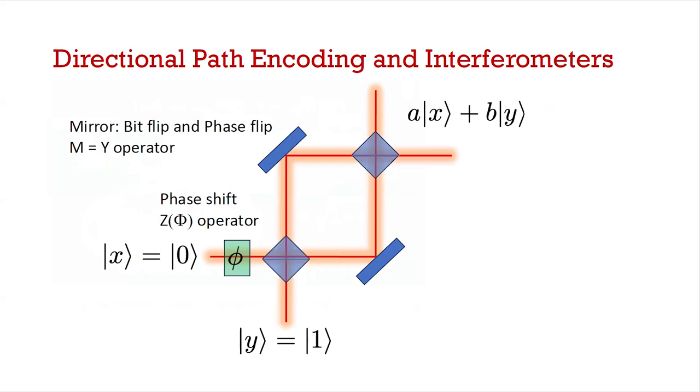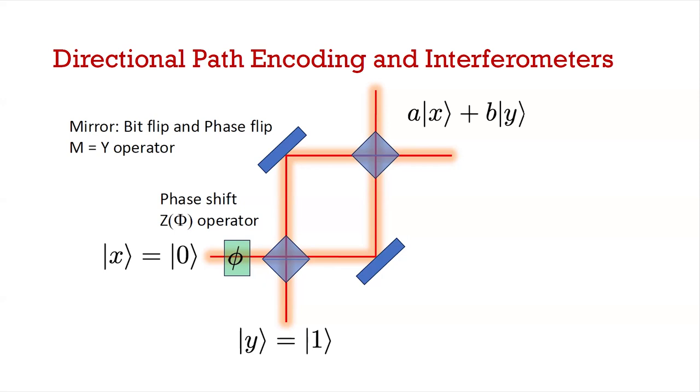Horizontal is denoted by x, vertical by y. Horizontal is chosen as 0, vertical as 1. To make a qubit, you should be able to controllably produce superposition states. This is an interferometer: you split the paths and combine them again. These are beam splitters.